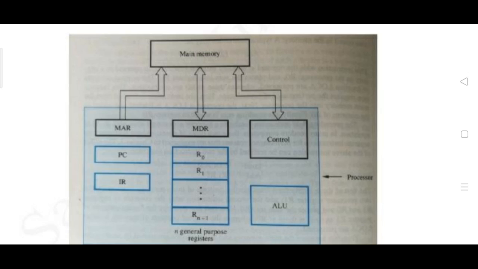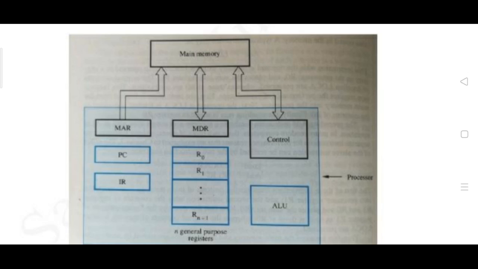That instruction is nothing but what type of operation is to be performed. Normally we use a computer for addition, subtraction, multiplication, division, or any other logical or arithmetical operation, isn't it? So what kind of operation is to be performed is identified by the IR, or instruction register.